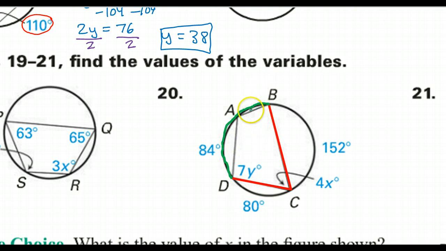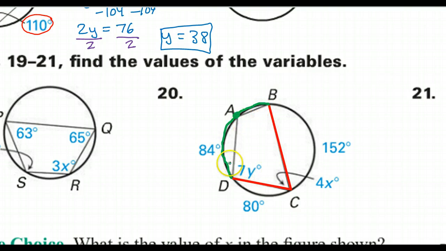So if I knew what this arc was, then I could just divide that by 2 and set that equal to 4x. But I can find this arc pretty easily. This green arc is made up of 84 plus whatever this AB is.